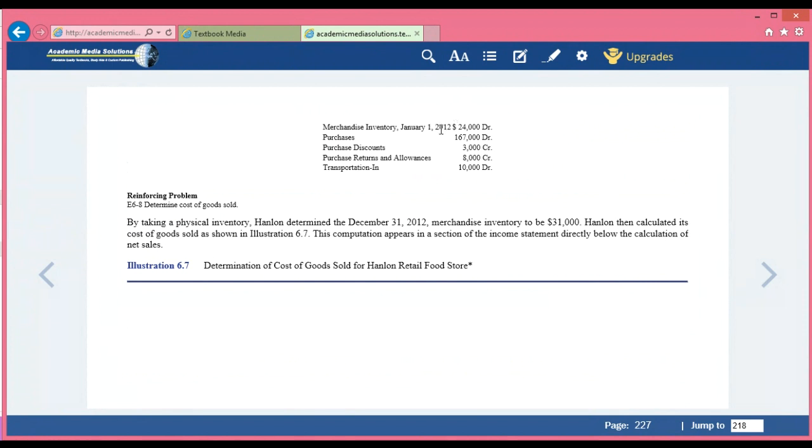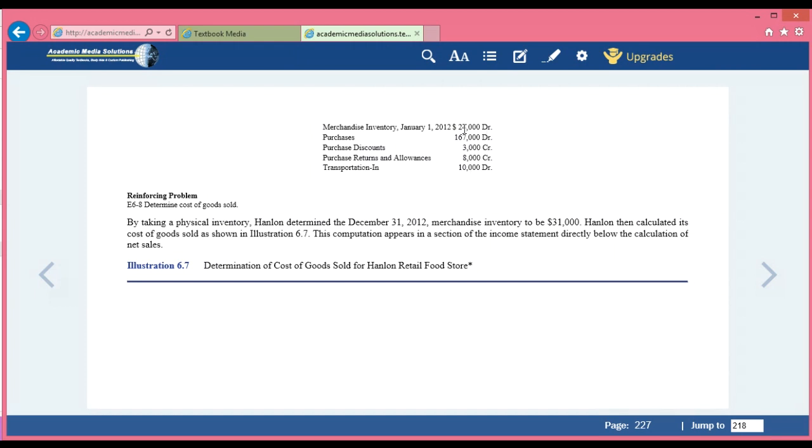On December 31, 2011, the company would have taken an actual physical inventory and determined how much inventory they had. That's the amount: $24,000 in inventory. During the year, they purchased $167,000 more, but they got discounts of $3,000. They had returns of $8,000, and they paid freight of $10,000.